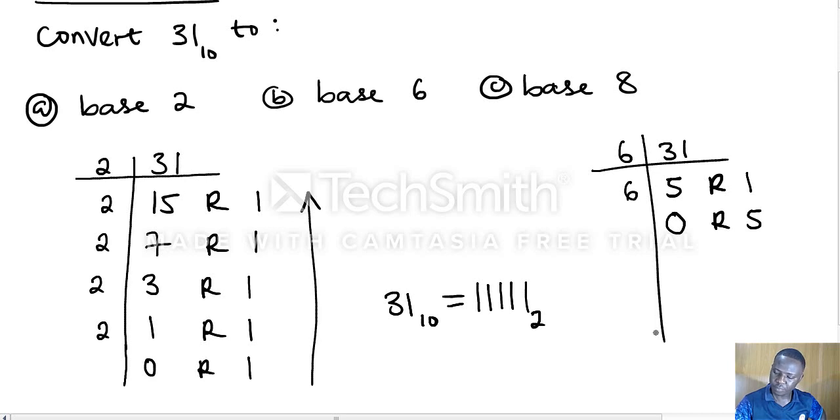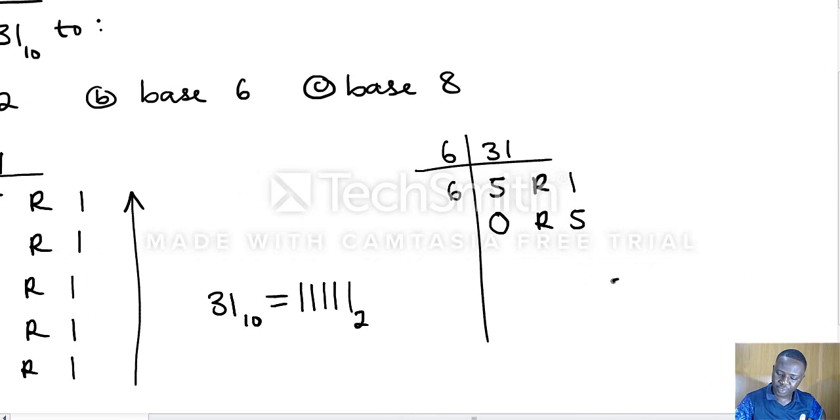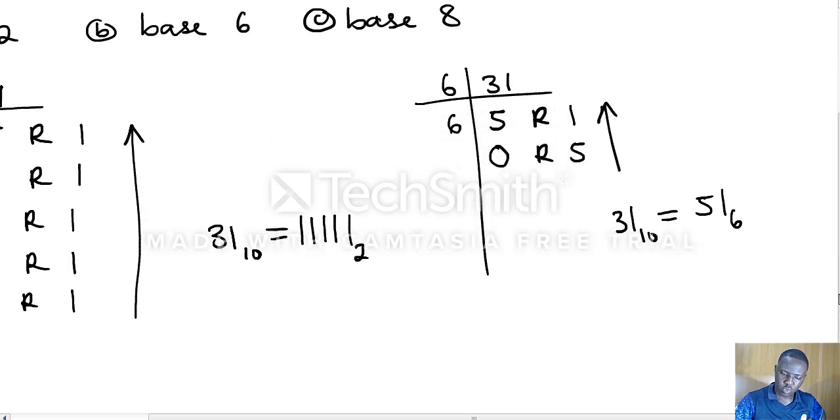So therefore 31 base 10 is equal to 51 base 6.